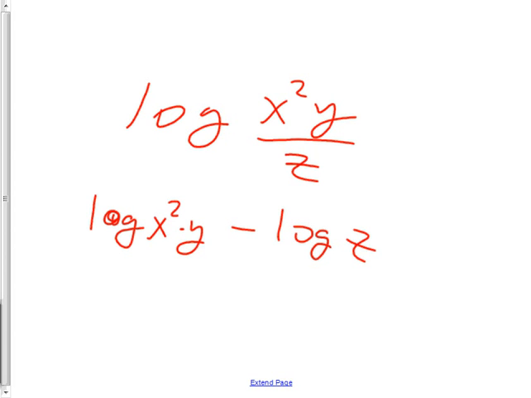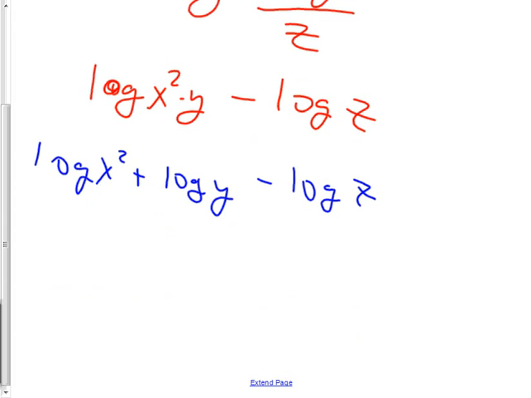Now I'm going to get this multiply out of here and make it into an add. Log x squared plus log y, and then I still have minus log c. I'm not trying to condense down, I'm trying to expand it out. And then there's one last thing I can do. Just take this little 2 and put it in the front, and there we go. That's expanded form. How many had it right? Top half of the class, way to go.